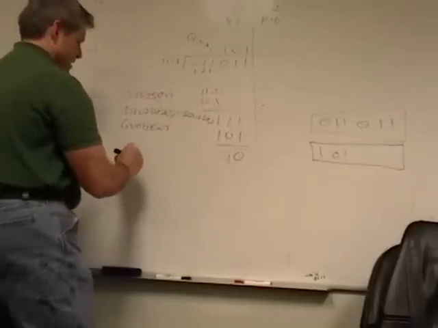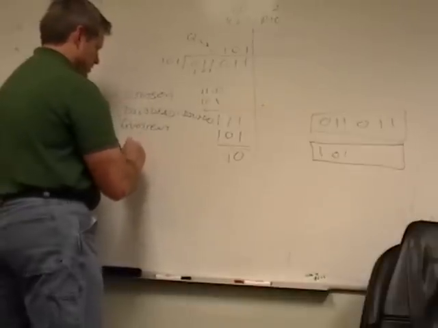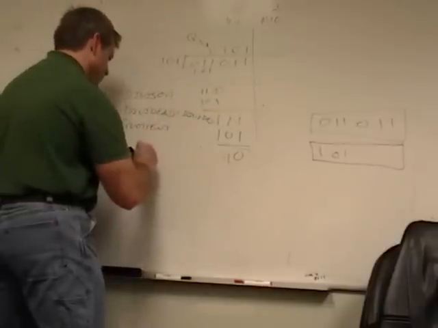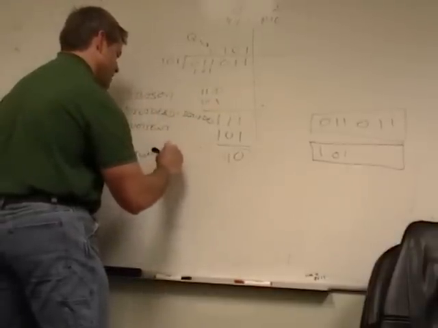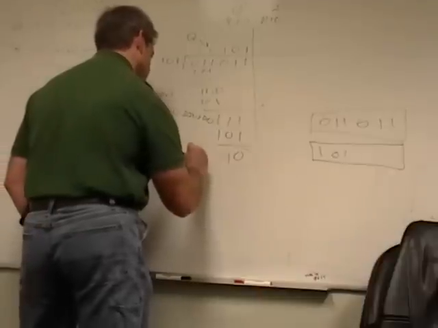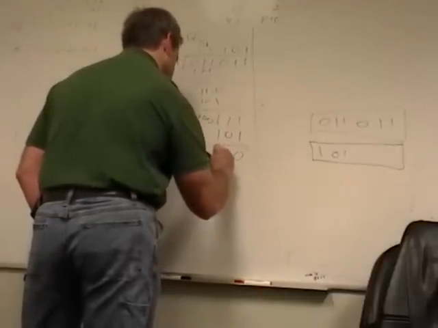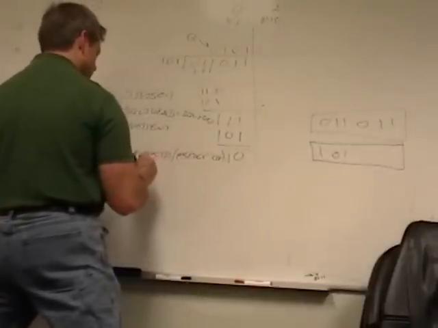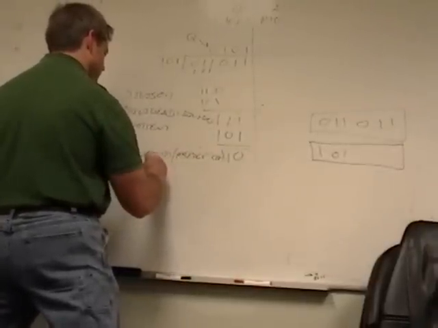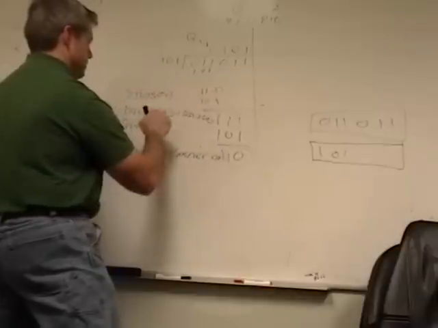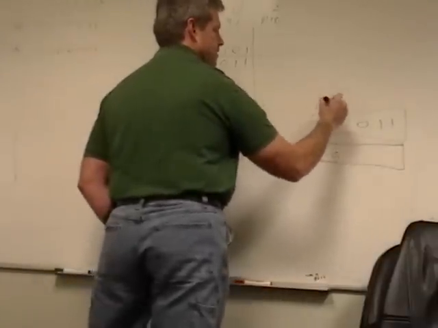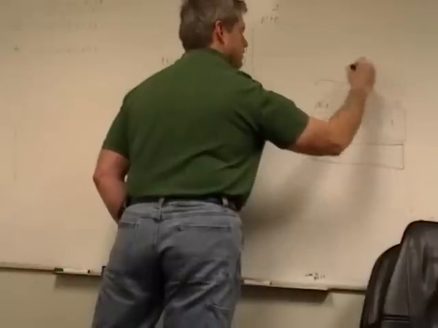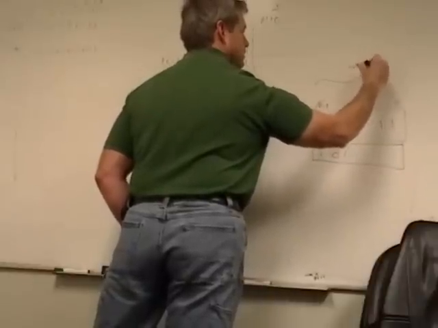So it's what it was when it came in. Divisor, I have to do a loop. So it's something like always at positive edge clock. We will do an if dividend, and we're going to say it's n bits long, so it's n minus 1 down to 0, right? N bits.